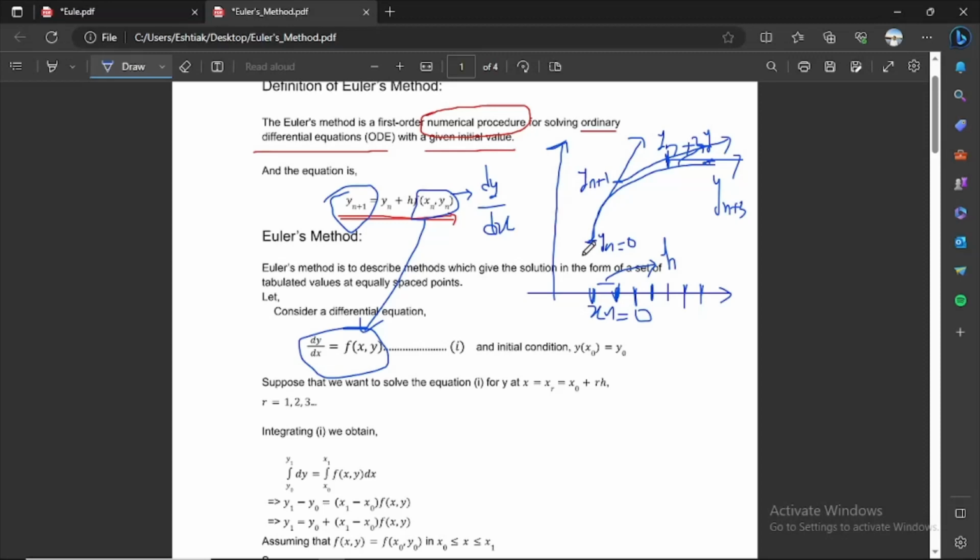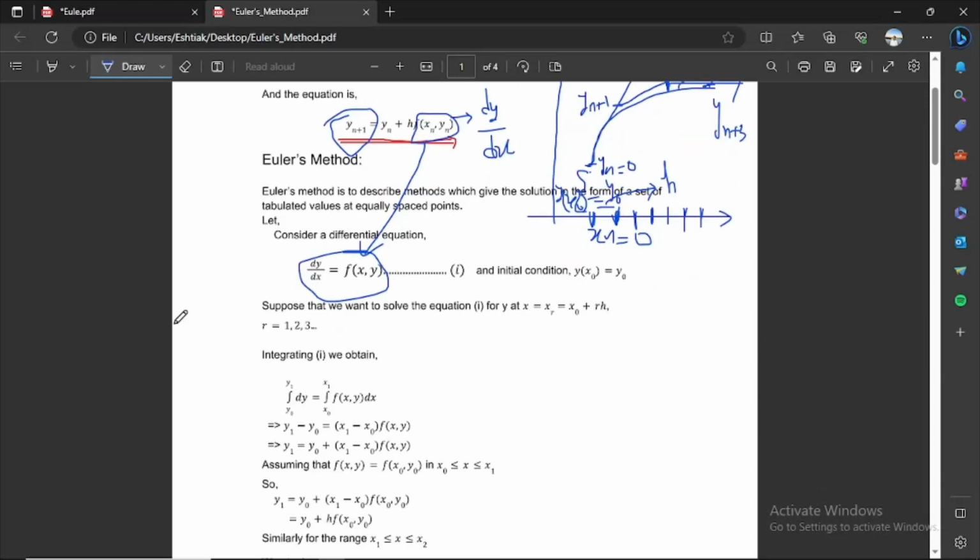And this method is based on our initial condition, y(x0) equals y0.